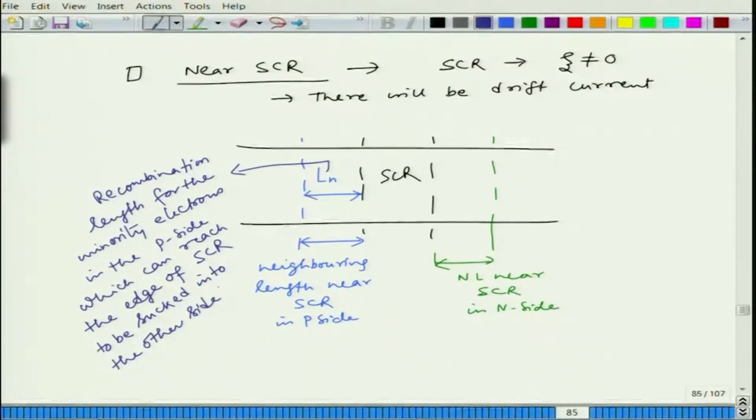Right, and similarly you can say this is Lp, which is the recombination length for the holes in the n side. And you see that only the minority carriers are playing a role here, because this is all drift, there is no diffusion current, it is all drift due to the field, and it is only near the space charge region.